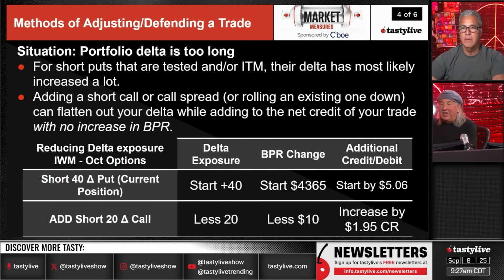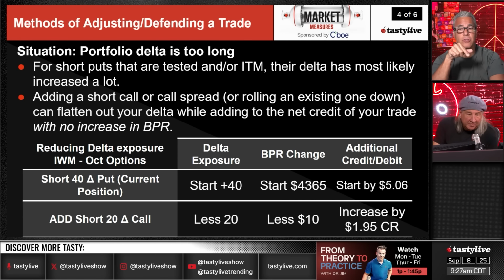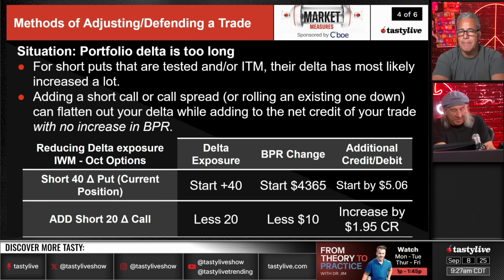Agreed. It can actually work a small amount against you too. If you're doing this on a relatively small price stock, like a $30 or $40 stock, selling the call might actually use more buying power, but it's de minimis. Yeah. Let's go to the next slide.